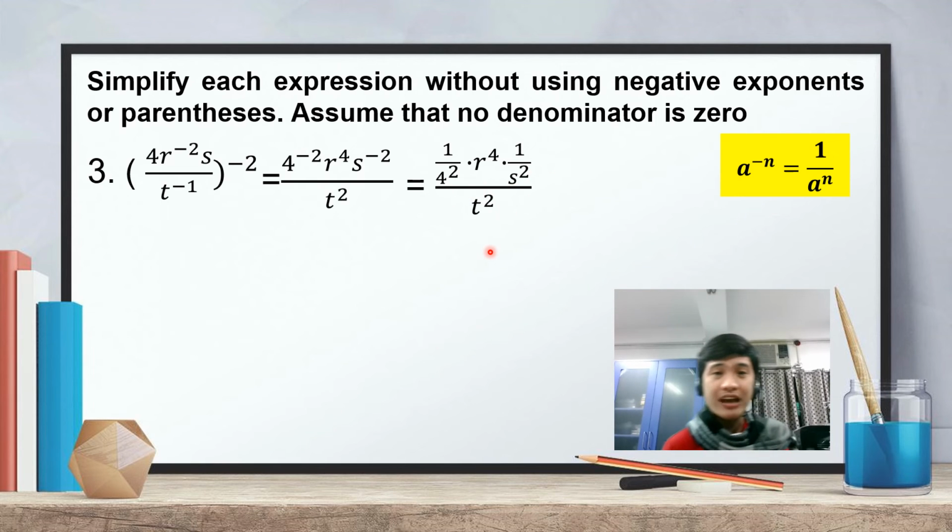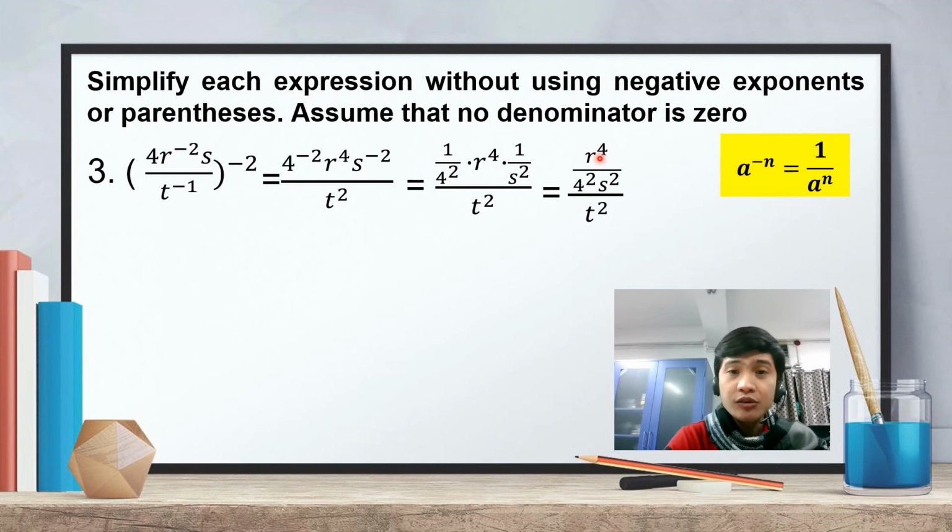Hindi pa yan simplified kasi complex fraction siya. So, simplifying this further, you have r raised to the 4th power over 4 square s square all over t square. Ito po ay perfect example ng complex fraction. Pag sinabi natin complex fraction sa grade 8 math, yan yung numerator tsaka denominator ay binubuo ng mga fractions. Pag mga ganun, sinisimplify natin siya.